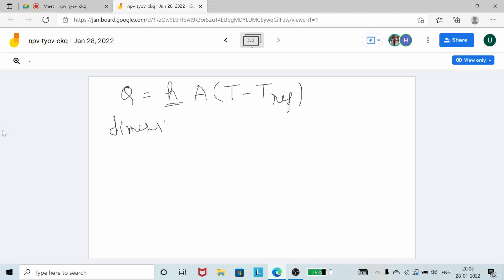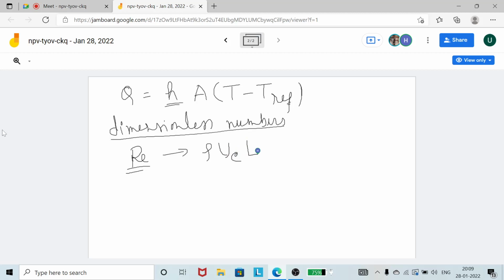Dimensionless numbers are very much needed when you talk of fluid mechanics or heat transfer. For example, you know the Reynolds number. Basically, the Reynolds number is rho, some velocity, some characteristic length, divided by viscosity.